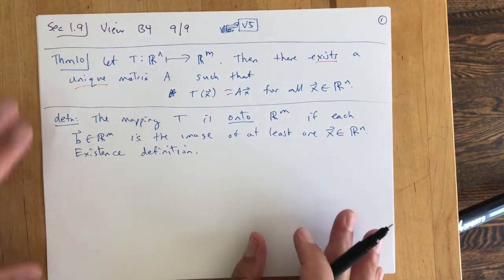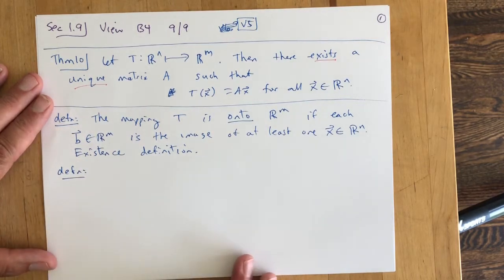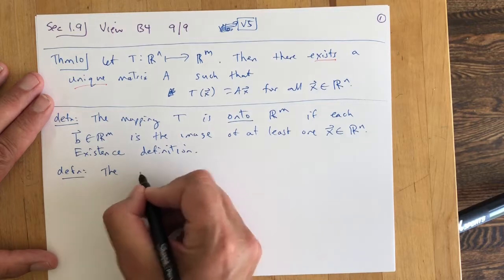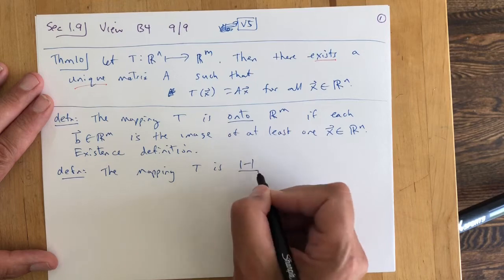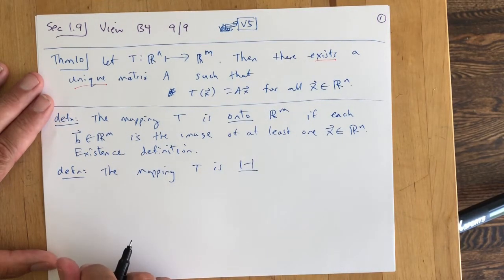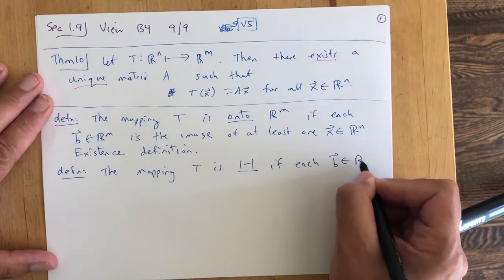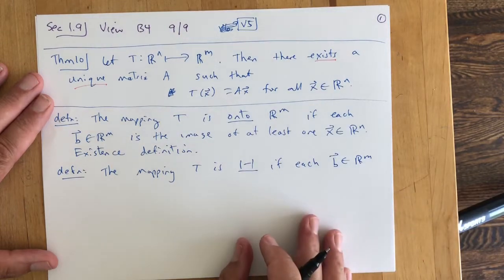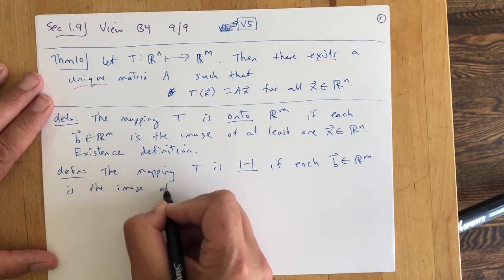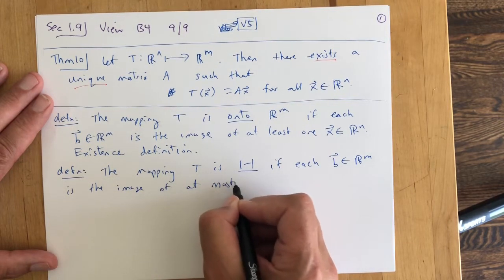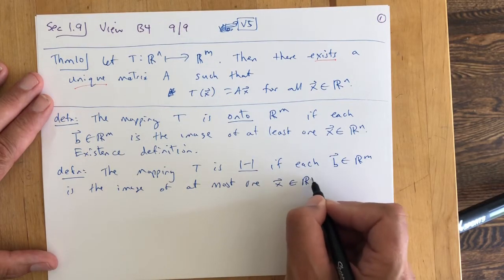And well, you can't talk about onto-ness without talking about the other definition, which is one-to-one. So the mapping T is one-to-one if each vector b in Rm is the image of at most one x in Rn.